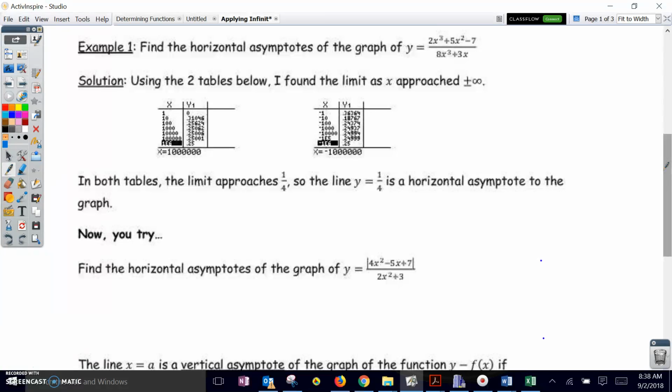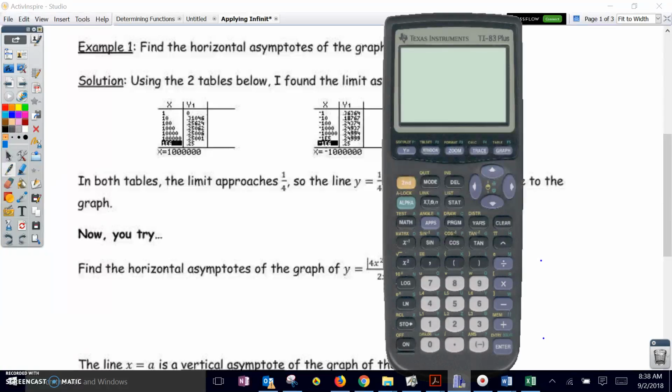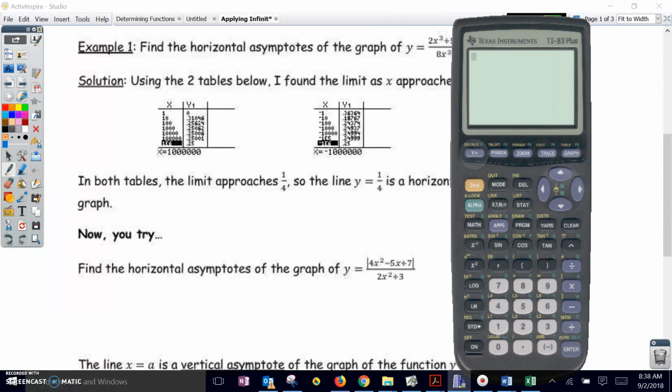We're finding the horizontal asymptotes of the graph y equals absolute value of 4x squared minus 5x plus 7 over 2x squared plus 3. So I'm going to just go ahead and type that function into my y equals screen. Absolute value is found in the math num menu.